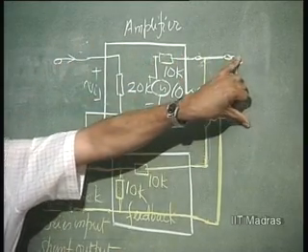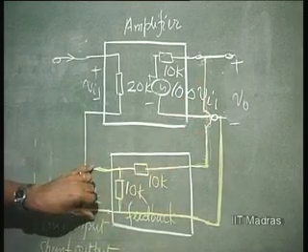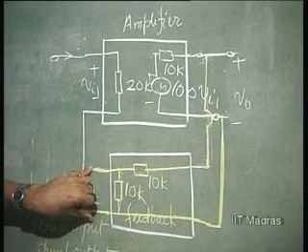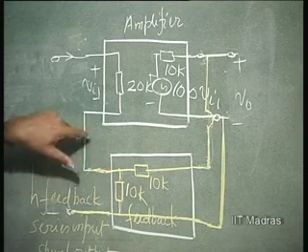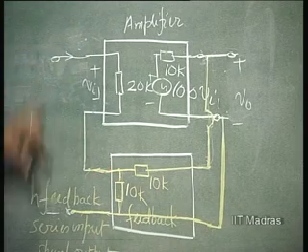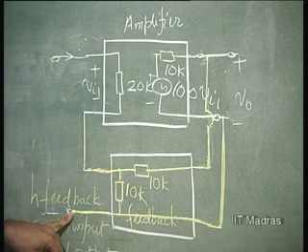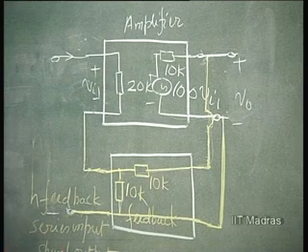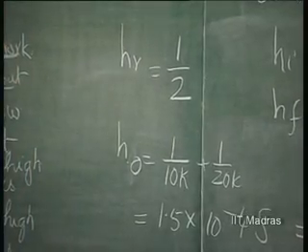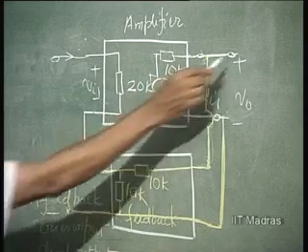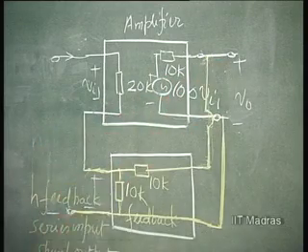Now, when I apply V naught, you get half of it here, 10K and 10K. So, half of V naught will be appearing here. This is open. So, this voltage is going to be half of V naught. So, HR is half, plus half, because this is plus minus, this is plus minus.